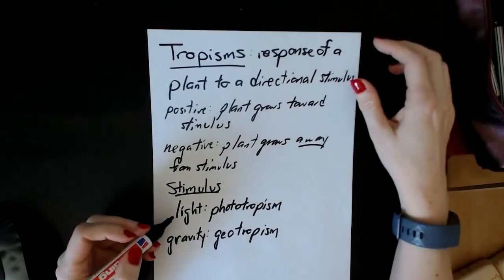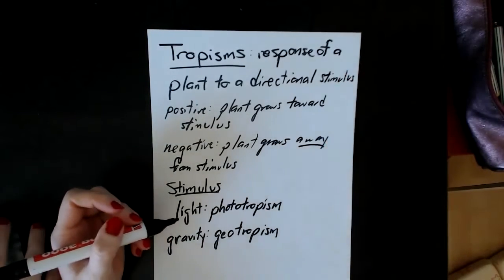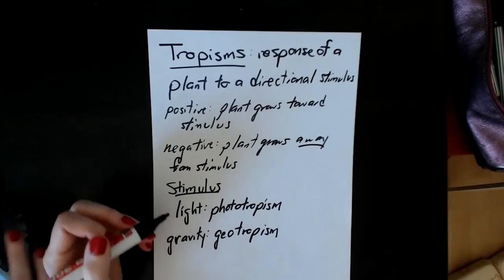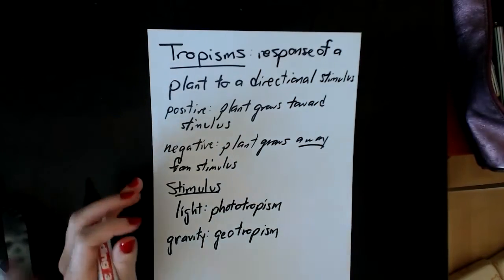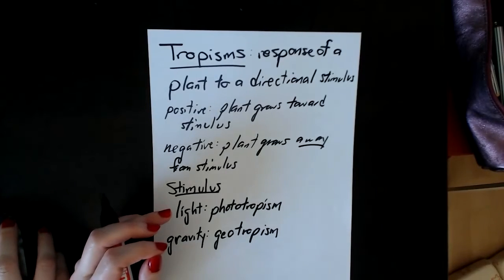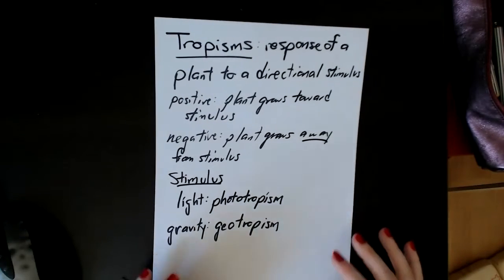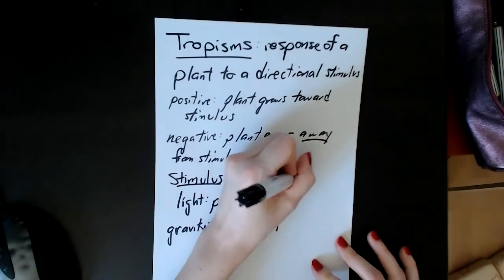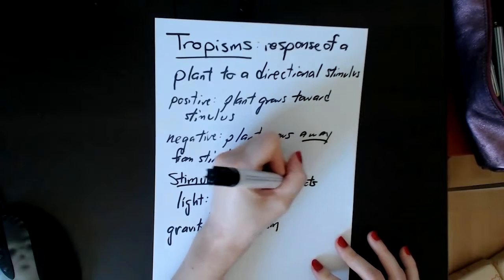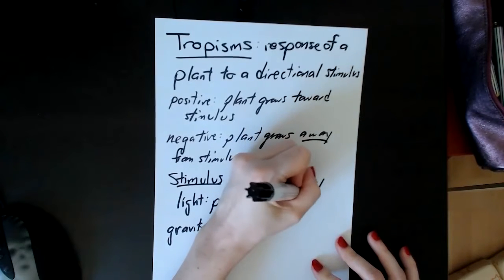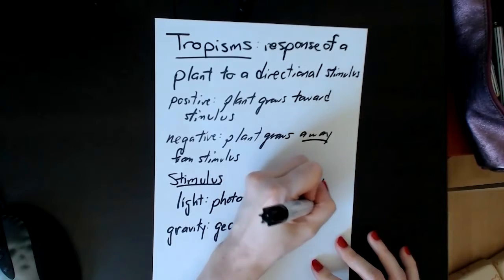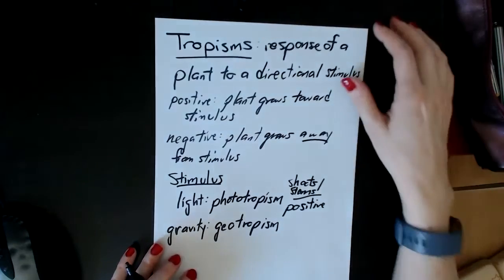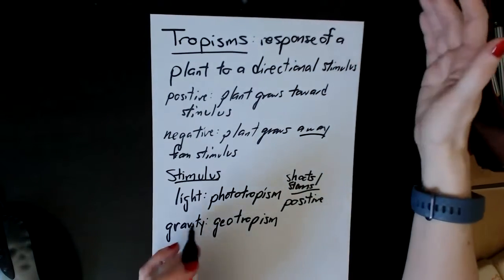Okay, and the idea is that when we talk about these stimuli, different parts of the plant can show positive or negative tropisms of these stimuli, right? So for light, as you can imagine, the shoots or the stems have a positive phototropism, which means they grow towards the light.